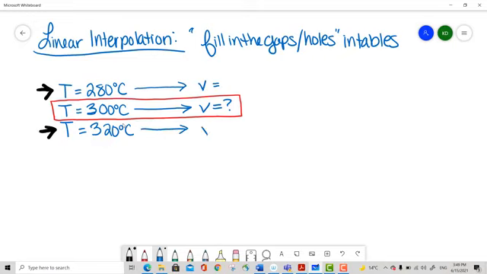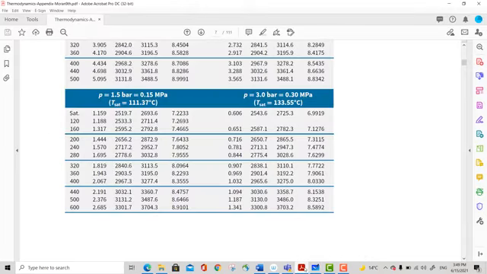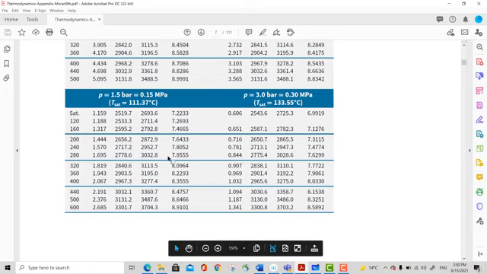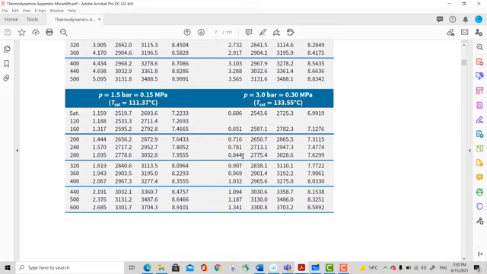V equals, and then we can come back down here to our table and pick these up. Remember, stay at your pressure. The specific volume at 280 degrees Celsius is 0.844, and the specific volume at 320 is 0.907.